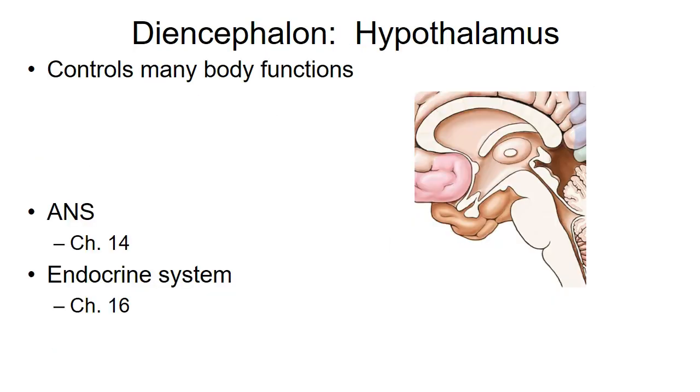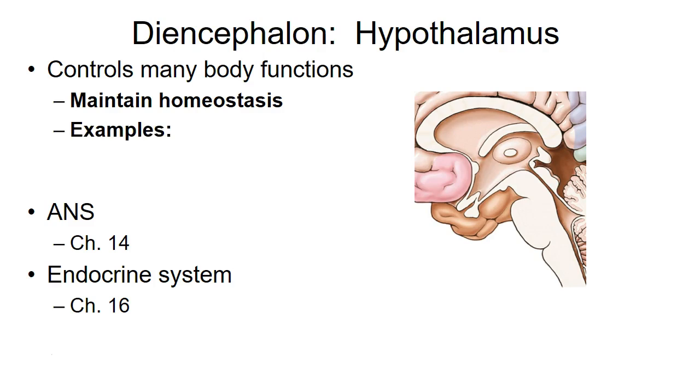The other part, which we'll talk about more in the endocrine system, that's closely associated with the pituitary gland, is called the hypothalamus. It's involved with a variety of important things like thermal regulation. Remember back to homeostasis, so the thermostat for our body temperature is here.